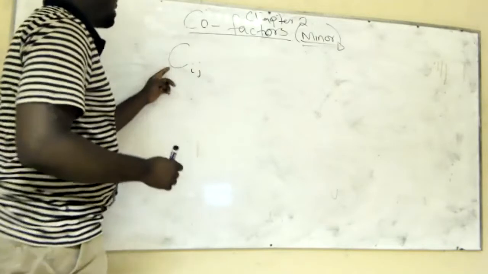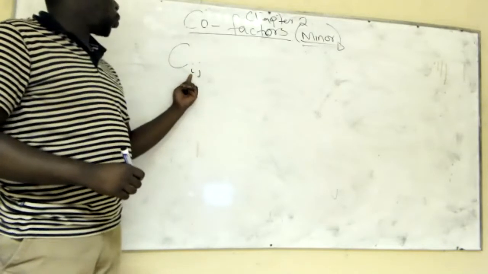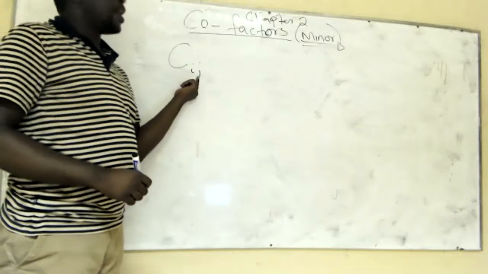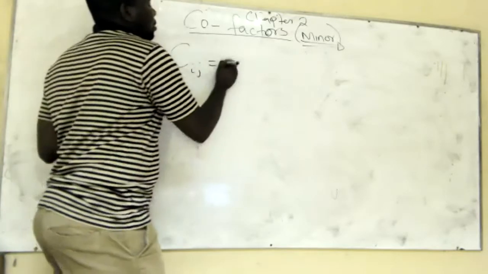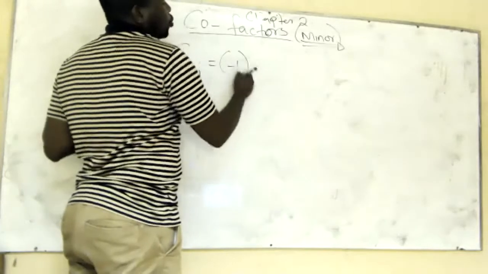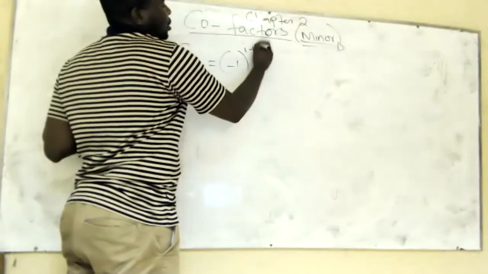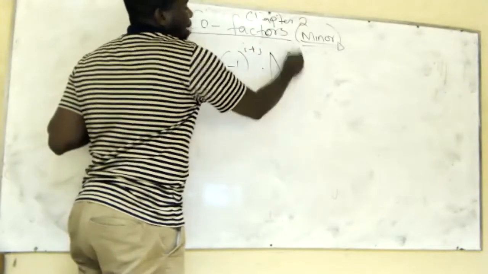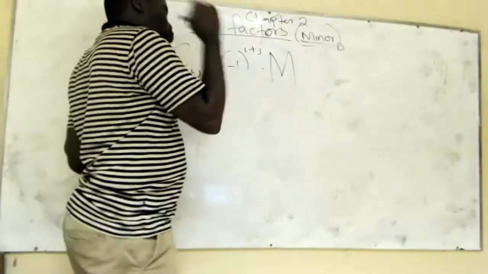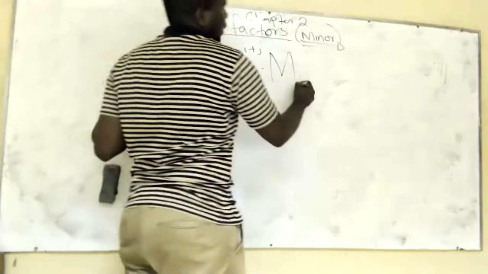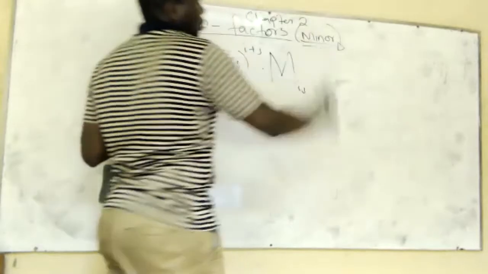This simply means that this matrix has rows which are indicated by I and columns which are indicated by J. And this must be equal to (-1) to the power of I plus J, and then multiplied by the minor. This is the minor that I was referring to, which is very, very important in this case. So it's the minor IJ.